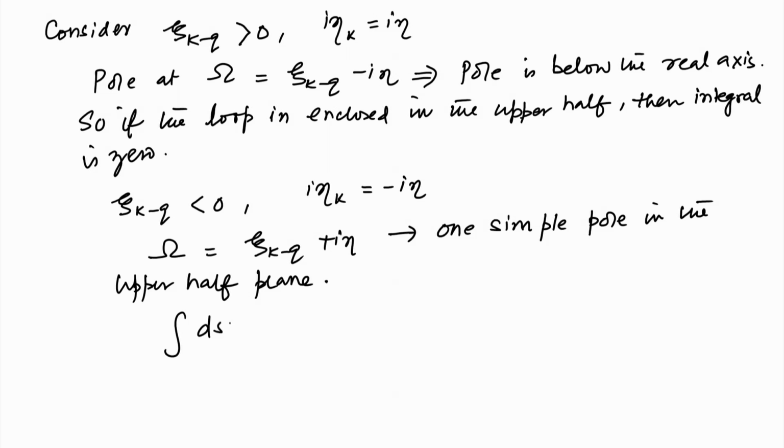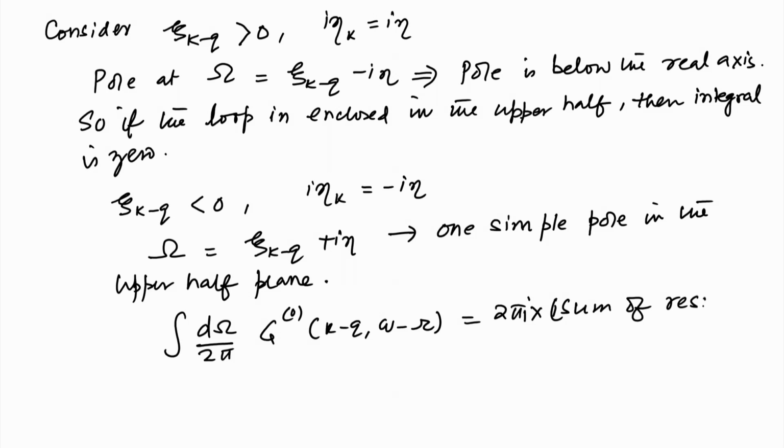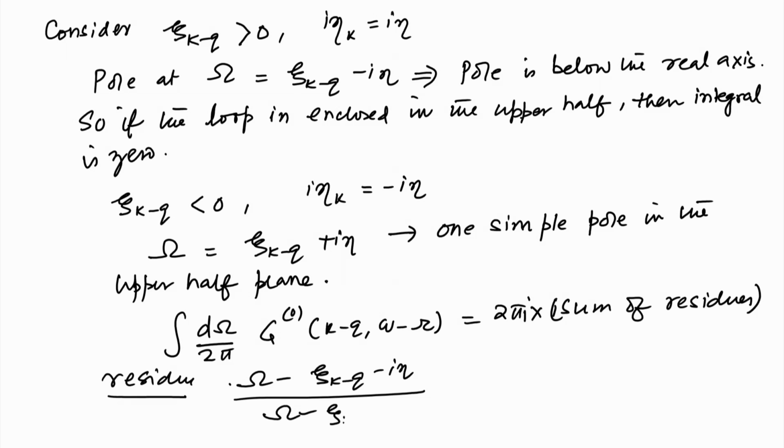So, you have the integral d omega by 2 pi g 0 k minus q omega minus omega, which is equal to 2 pi i into the sum of residues, and the residue here is equal to 1, because it is omega minus k minus q minus i eta divided by omega minus k minus q minus i eta, which is equal to 1.